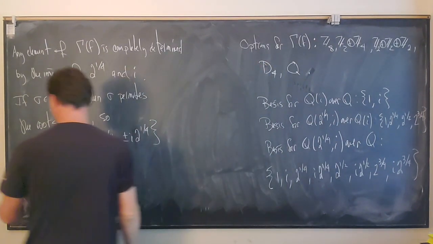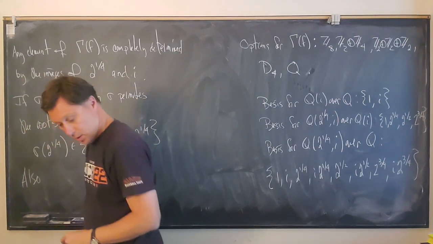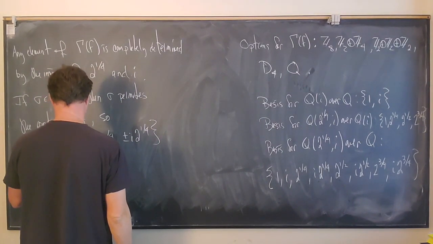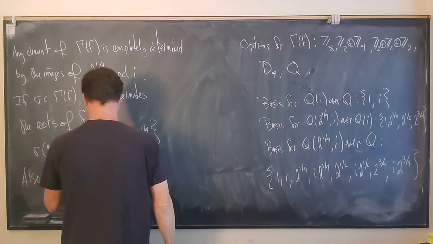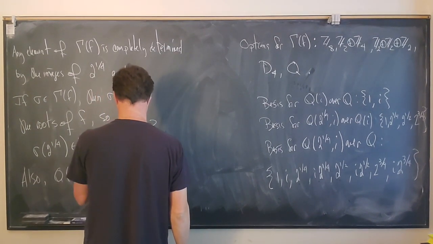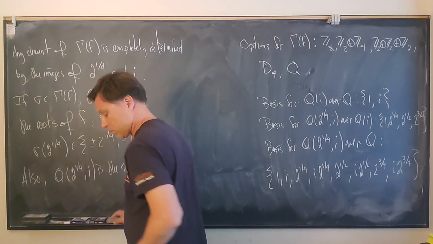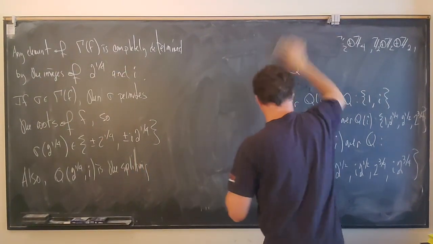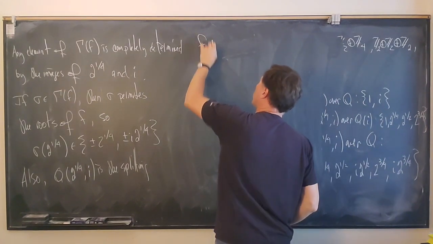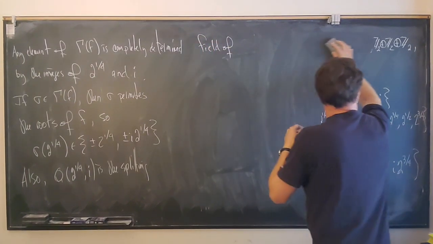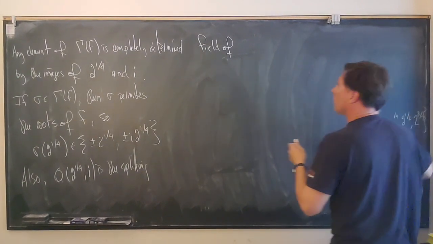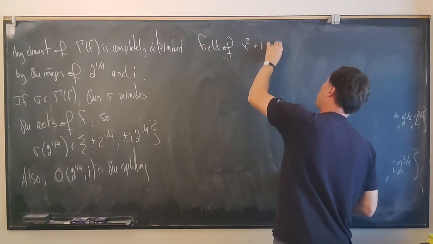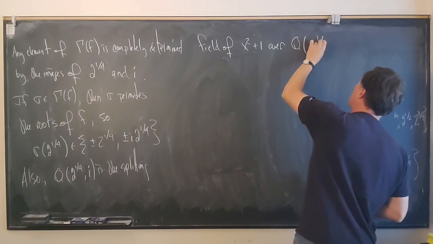So we'll say also, Q adjoin 2 to the 1/4, comma i is the splitting field of the minimal polynomial for i, so the splitting field of x squared plus 1 over Q adjoin 2 to the 1/4.